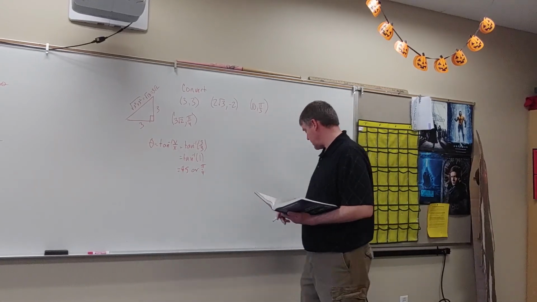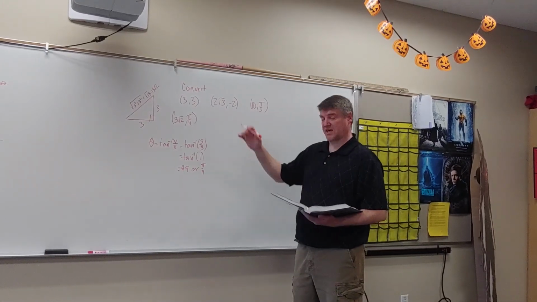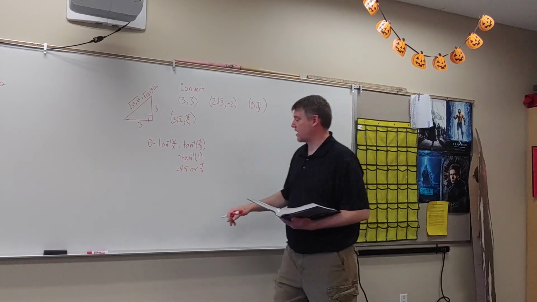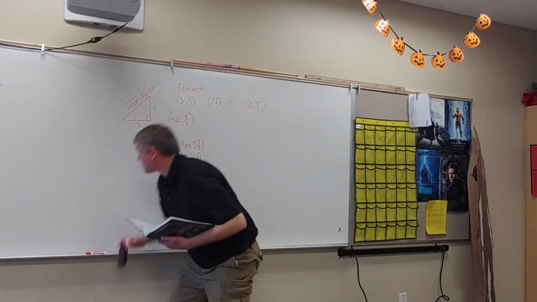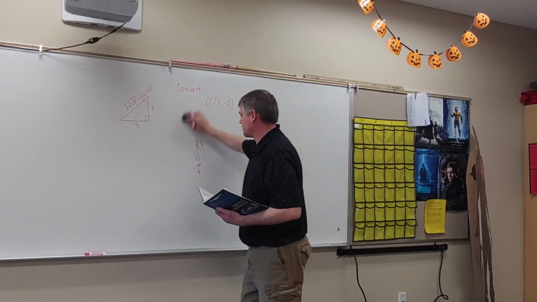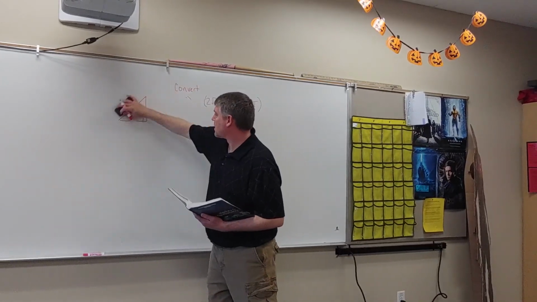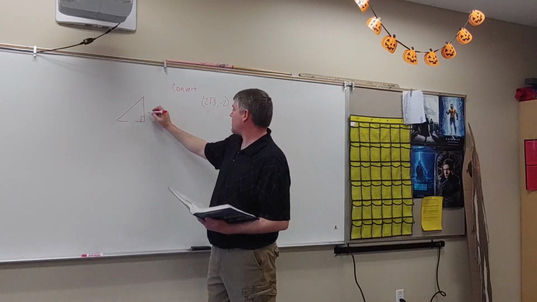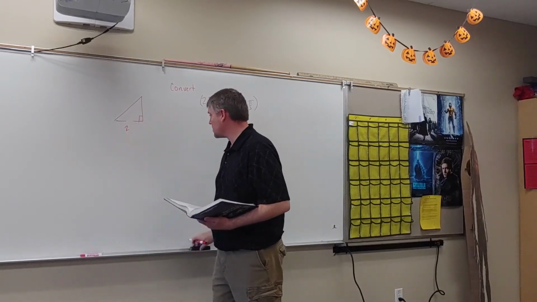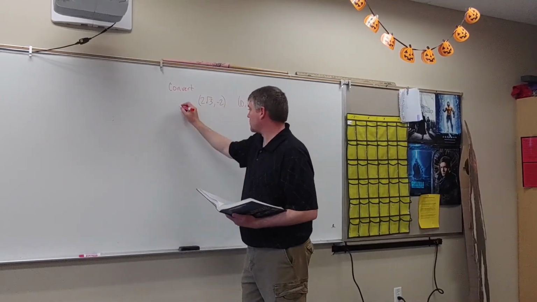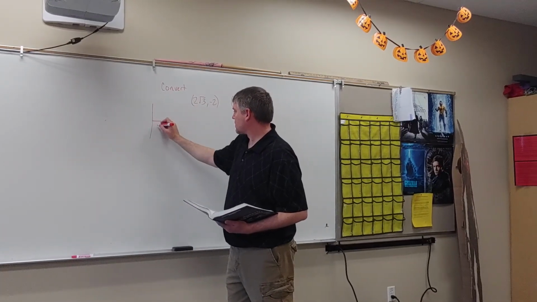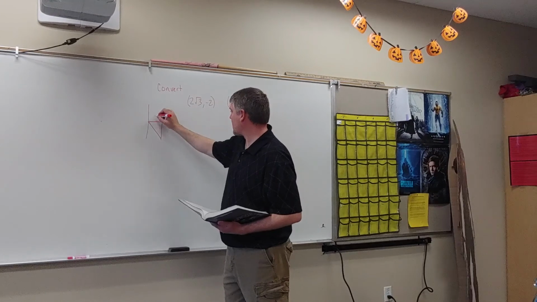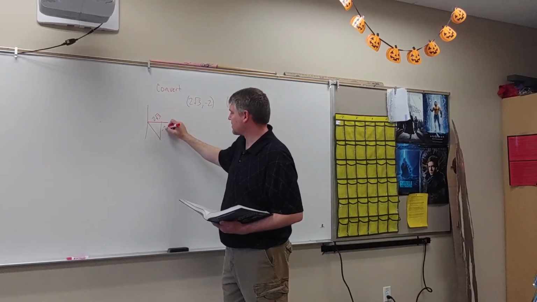Now in our second one here, we're going to do the same process. We're going to create our triangle. Let me clean this up a little bit. So now our triangle is going to be down here because I have 2 square roots of 3 and negative 2.